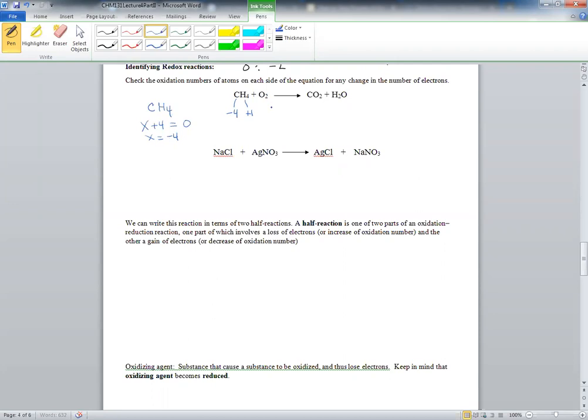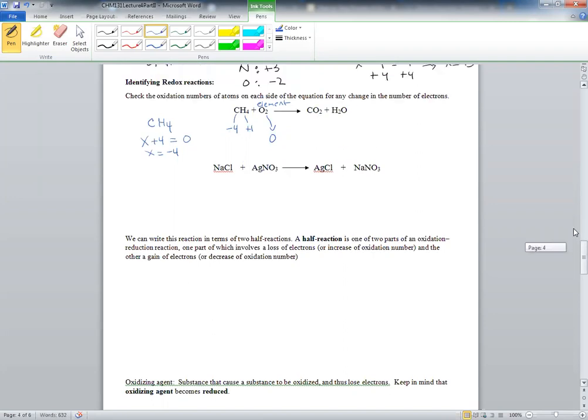For O, this is an element by itself. It is a 0. So again, this is an element. So watch, we have -4, +1, 0. Let's check to see if the oxidation numbers have changed. We did CO2. It was one of the examples that we did.